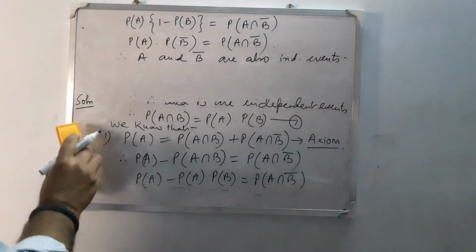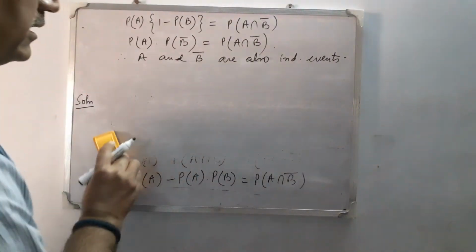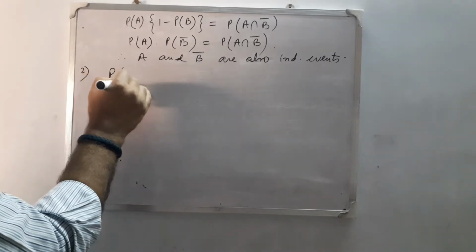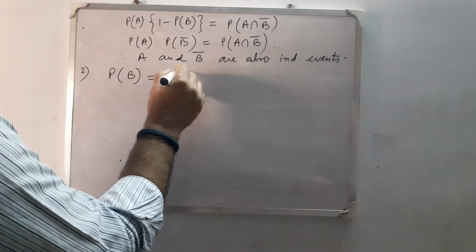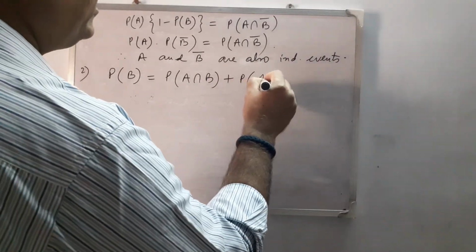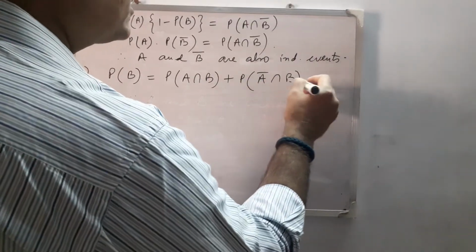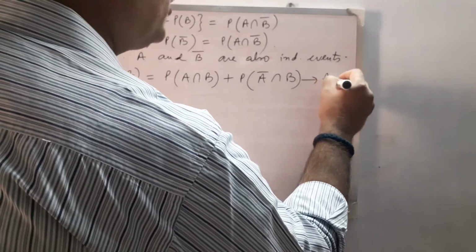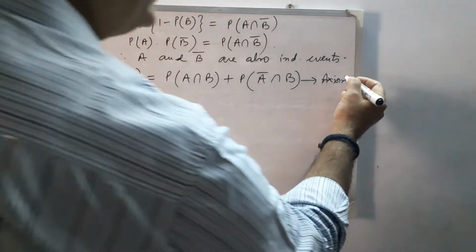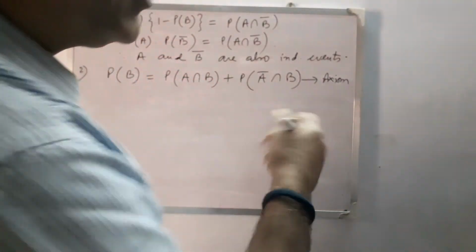Similarly, for the second part, P(B) is equal to P(A ∩ B) plus P(A bar ∩ B). This one is also an axiom of probability, and we have discussed this axiom in the previous video.